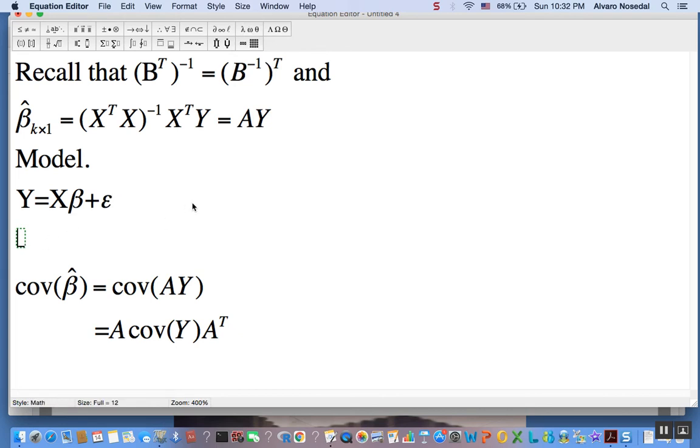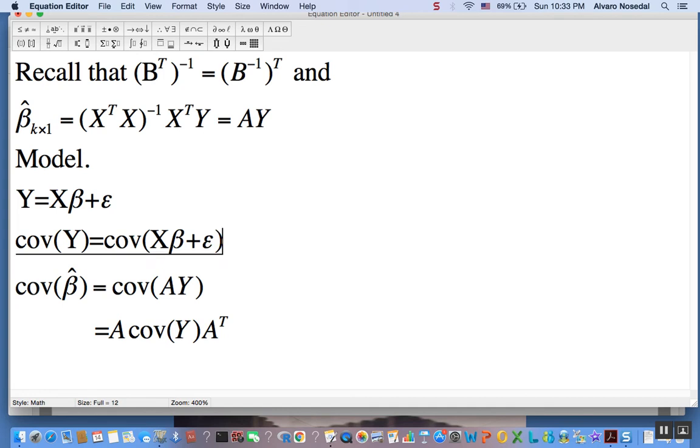So what we want here is the covariance of Y, which is the same as the covariance of X beta plus epsilon.